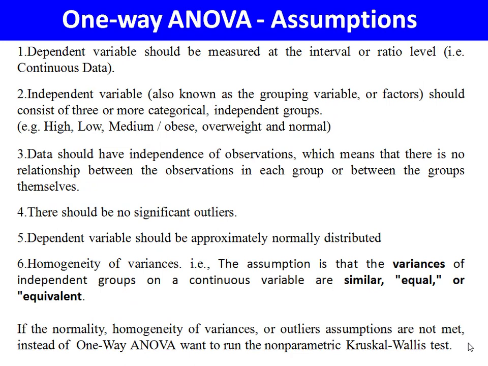The first one, the dependent variable should be measured at the interval or ratio level, that is, continuous data should be used. Second, the independent variable, otherwise called the grouping variable or factor, should consist of three or more categorical independent groups like high, low, medium, etc. Third, data should have independence of observation, which means there is no relation between the observations in each group or between the groups themselves.